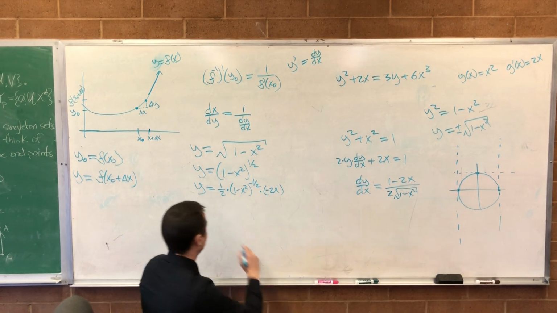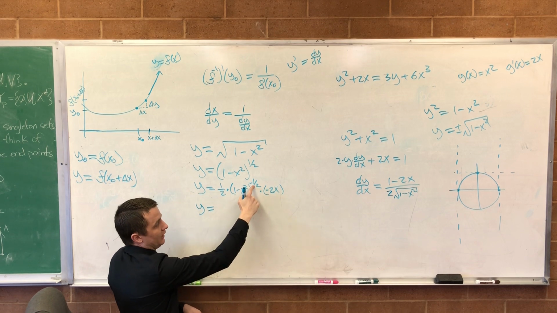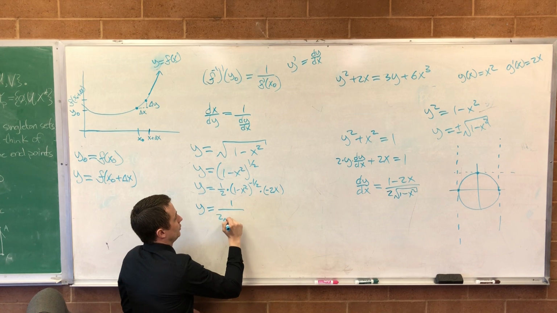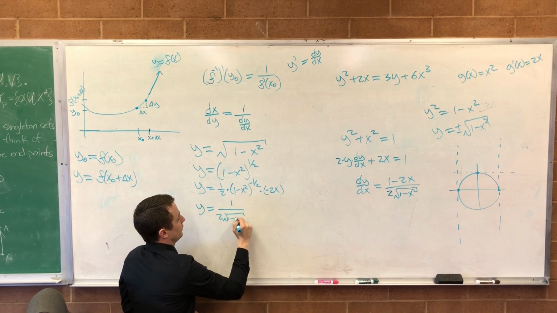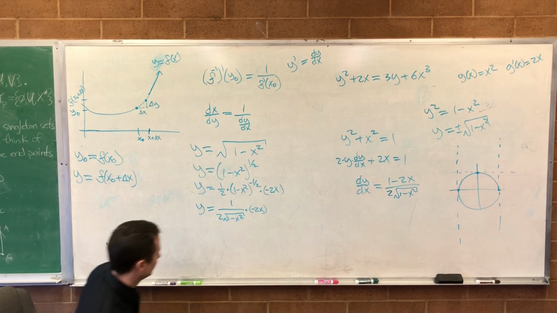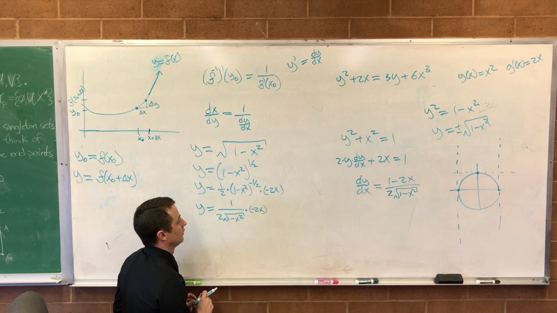And now, what do we get? We get y prime is equal to, the negative exponent brings it down under, so we get 1 over 2 square root of 1 minus x squared, times negative 2x. But those are multiplied, it's times.